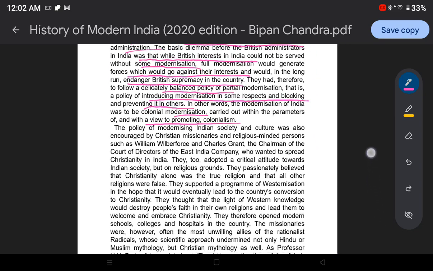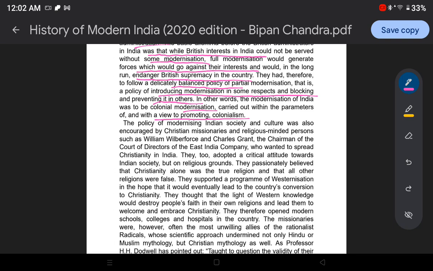The policy of modernizing Indian society and culture was also encouraged by Christian missionaries and religious-minded persons such as William Wilberforce and Charles Grant, the chairman of the Court of Directors of the East India Company, who wanted to spread Christianity in India. They too adopted a critical attitude towards Indian society, but on religious grounds.